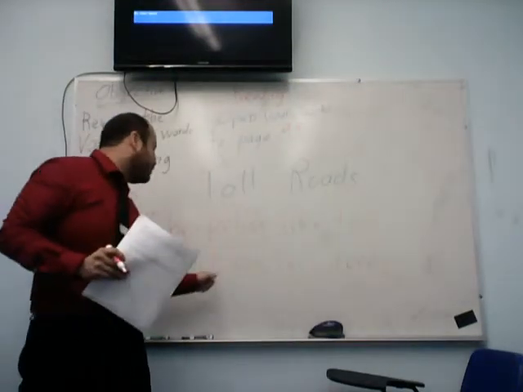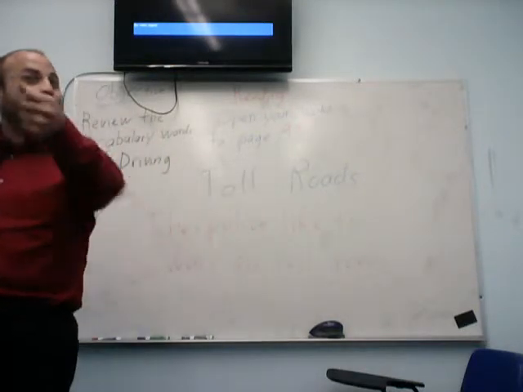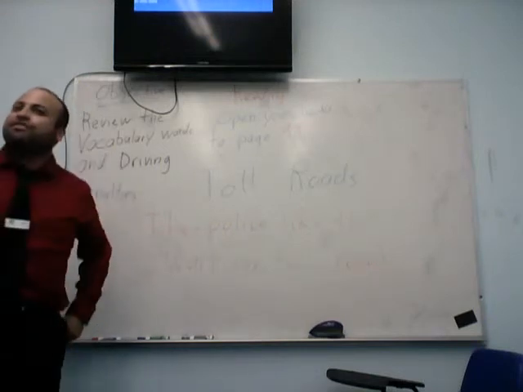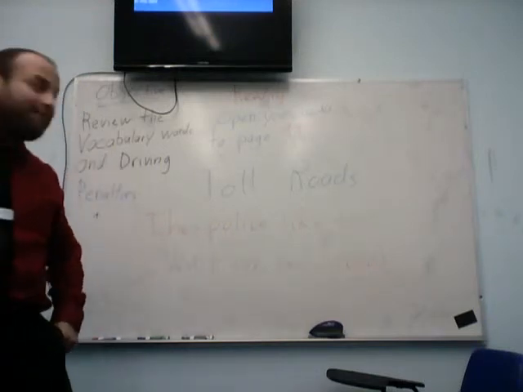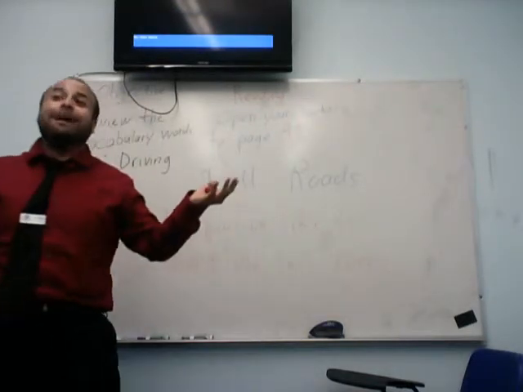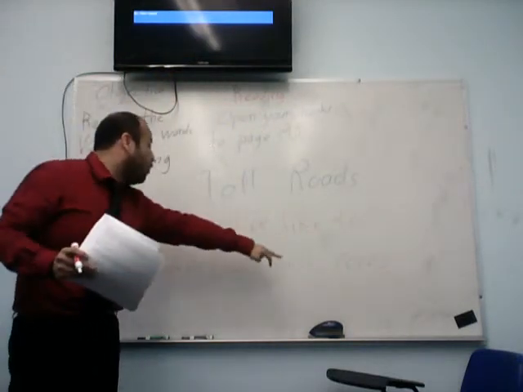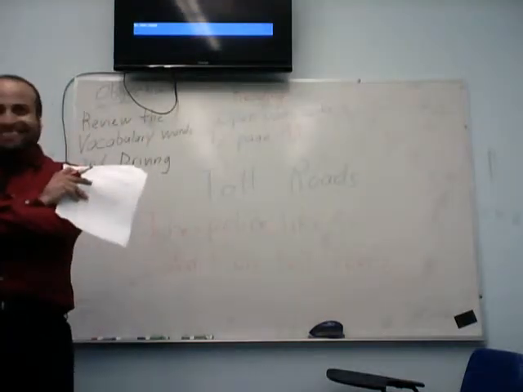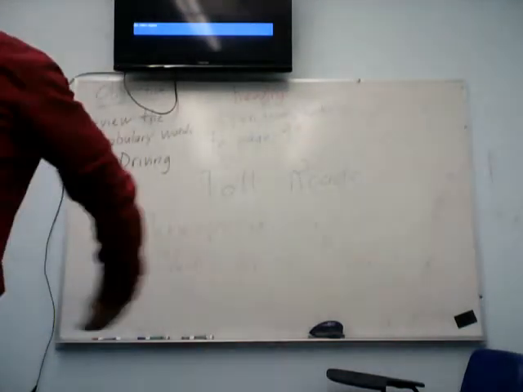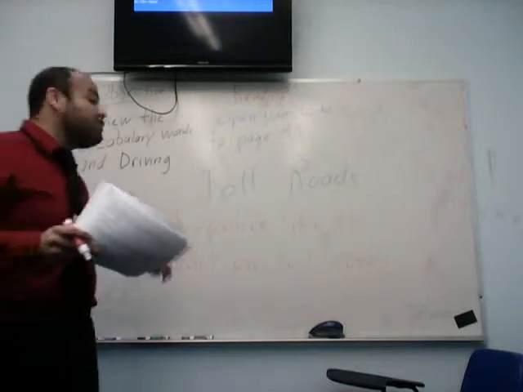The police like to wait on toll roads. They do. The roads where people pay to go on, the police are right there. So, if you've been drinking and driving, how can this be bad? What can happen? If you're drinking and driving and you go to a toll road where the police are waiting, ticket, okay, tickets. More than likely, jail. You go to jail.